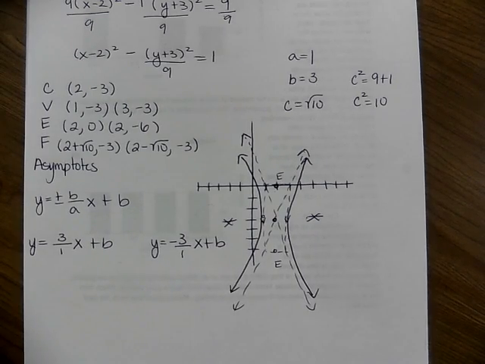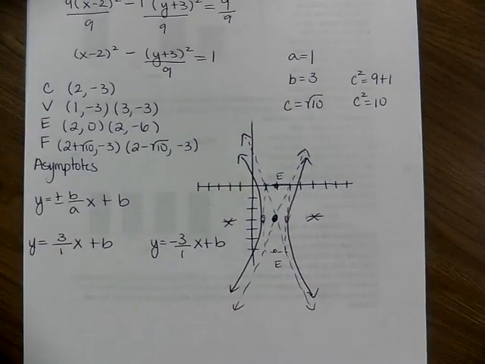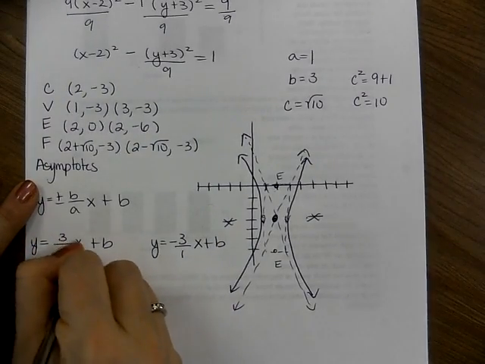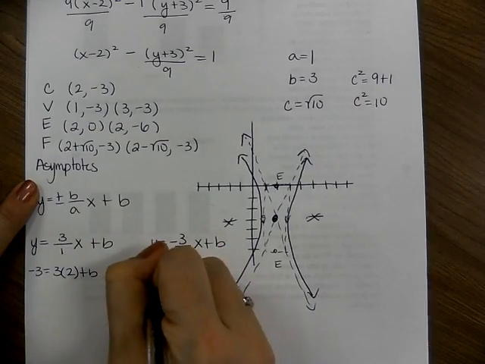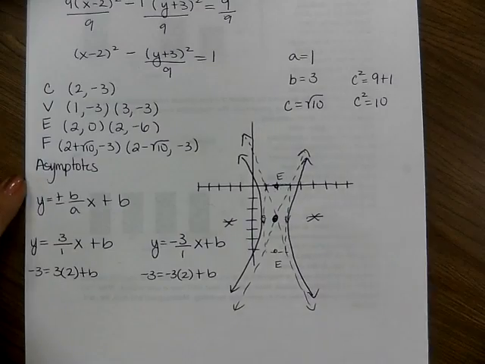Okay, so now I want to think about how do I find b? You plug in the center because, see, this center is still a solution point of both of those lines. So we're going to plug in x and y, okay? So this is going to be negative 3 equals 3 times 2 plus b. And this one's going to be negative 3 equals negative 3 times 2 plus b. And we're going to solve for b.